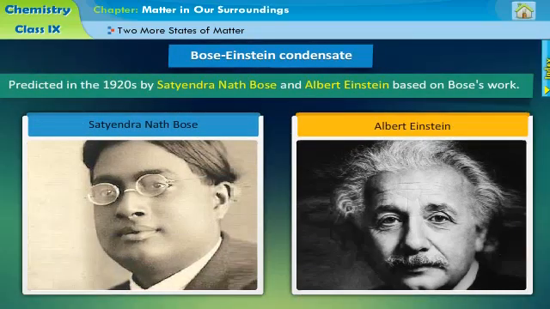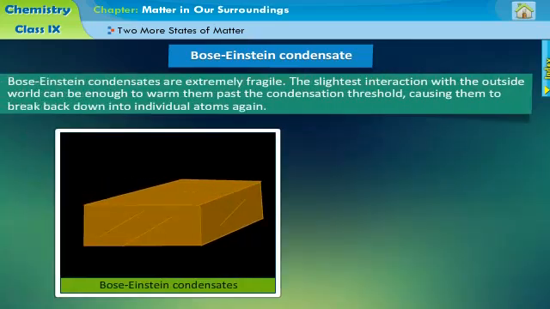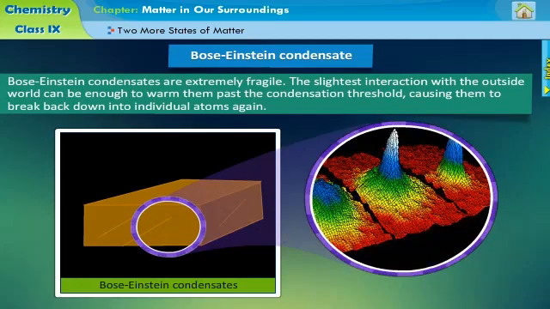Predicted in the 1920s by Satyendranath Bose and Albert Einstein based on Bose's work. Bose-Einstein condensates are extremely fragile. The slightest interaction with the outside world can be enough to warm them past the condensation threshold, causing them to break back down into individual atoms again.